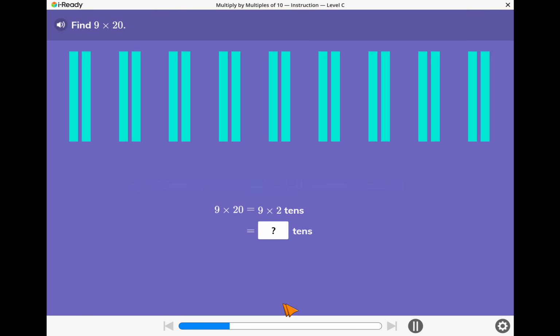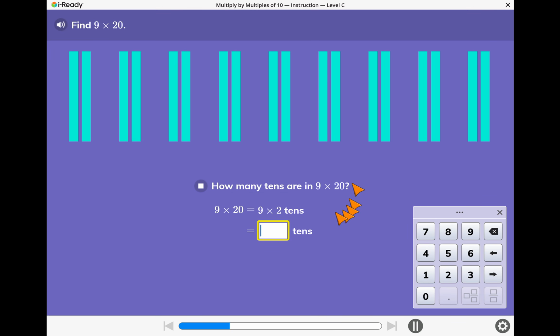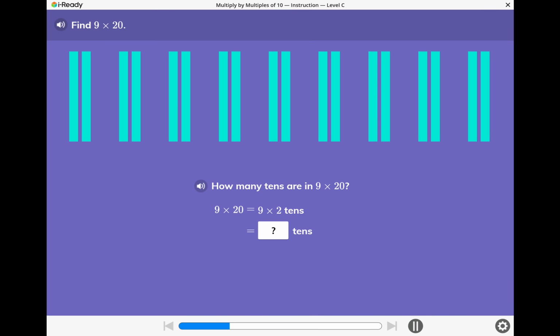How many tens are in 9 times 20? You can do this. 1, 2, 3, 4, 5, 6, 7, 8, 9, 10, 11, 12, 13, 14, 15, 16, 17. Wait, what? Oh no, I was wrong. 1, 2, 3, 4, 5, 6, 7, 8, 9, 10, 11, 12, 13, 14, 15, 16, 17, 18.